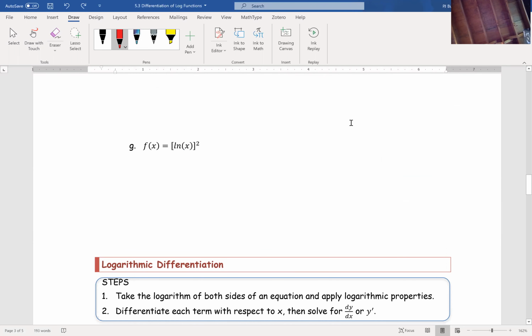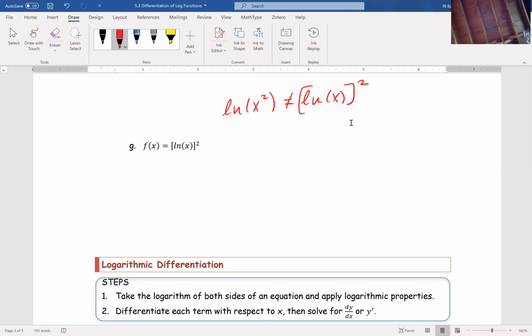All right, G. We can bring the 2 down first. Actually, no, sorry. The reason for this problem is to show that you can't do that. So I wanted to prove there is a difference between that and that.